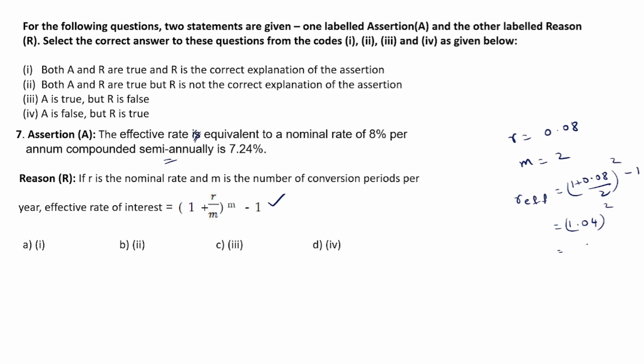So here 1.04 the whole square is 1.0816, minus 1. So it is 8.16%. But here they have said it is 7.24%. The assertion is false. So here A is false but R is true. So the correct option is option D.